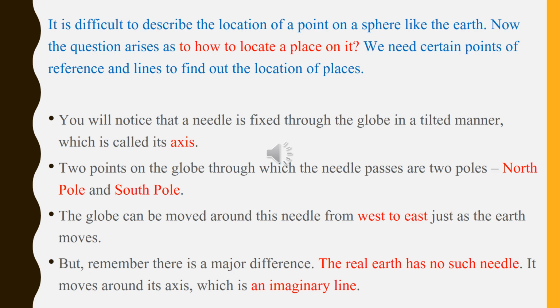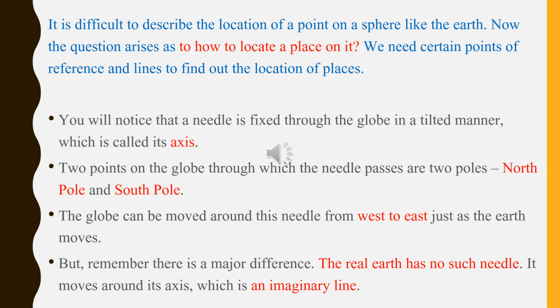Second point, the 2 points on the globe through which the needle passes are the 2 poles, that are North Pole and South Pole. Third one, the globe can be moved around this needle from west to east just as the Earth moves.